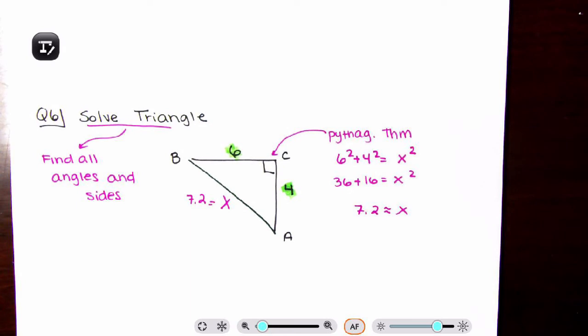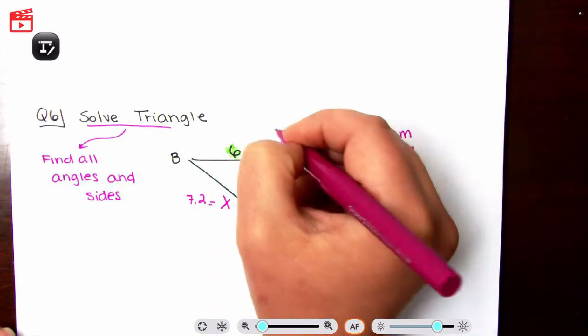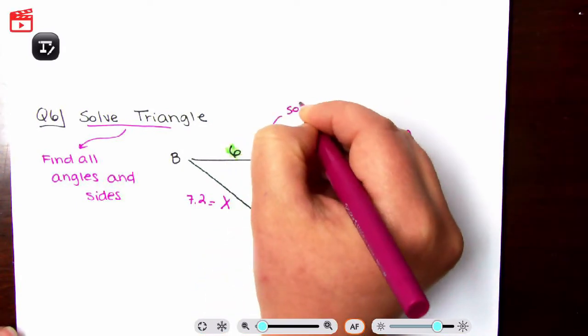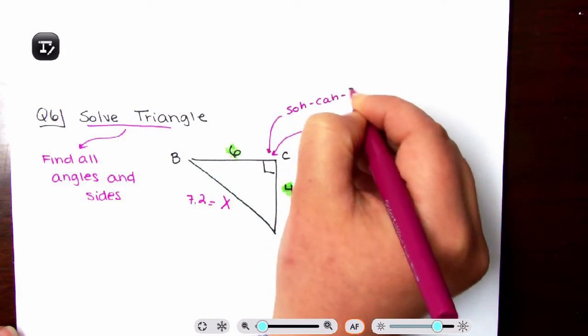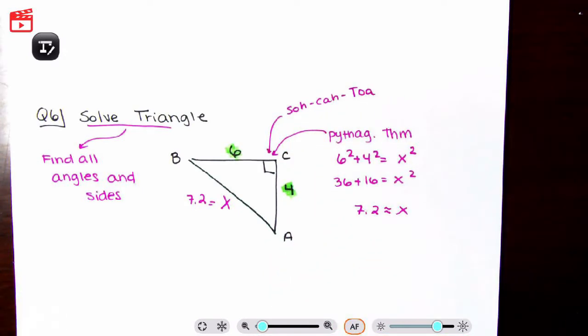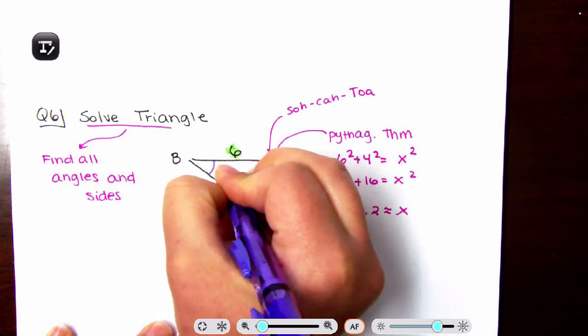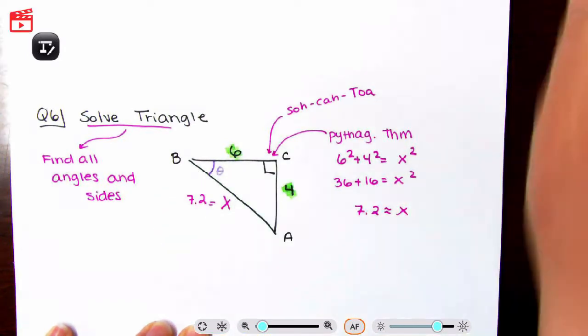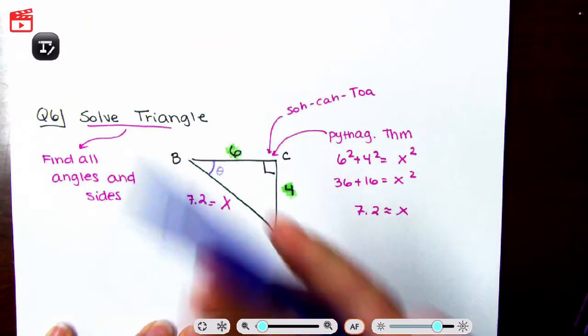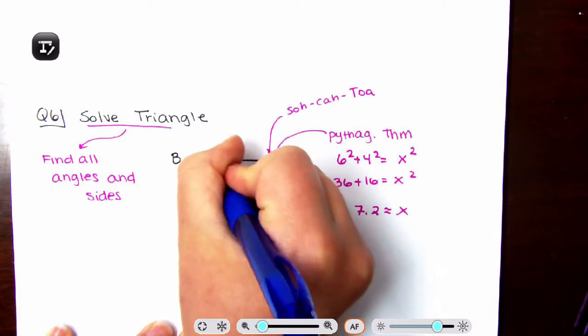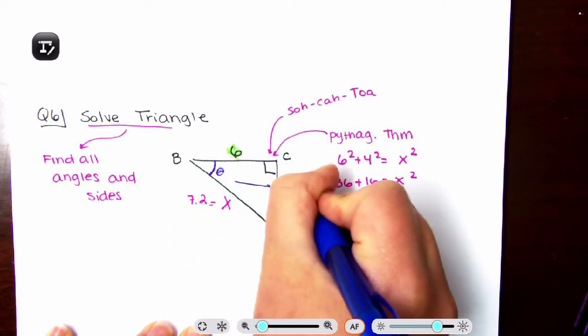Now we need all angles. Because this is a right triangle, we can use SOHCAHTOA. Which ratio you use does not matter as long as you identify the angle that you need in relation to that ratio. For example, if we are trying to find B, like this is our unknown, if we are trying to locate the size of B, then in this case, this would be our opposite.